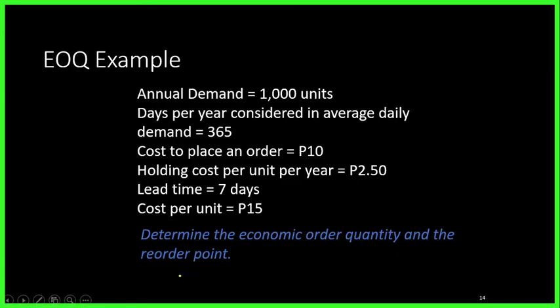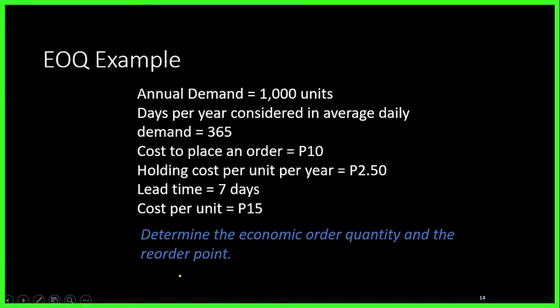Assuming you have the following: your annual demand is 1,000 units, and days per year, considered in average daily demand, is 365. Siyempre, this is under the assumption that you will be operating for 365 days. But there will be problems na you'll be given 300 days lang. You just follow the problem. Bakit 300 days lang in a year?